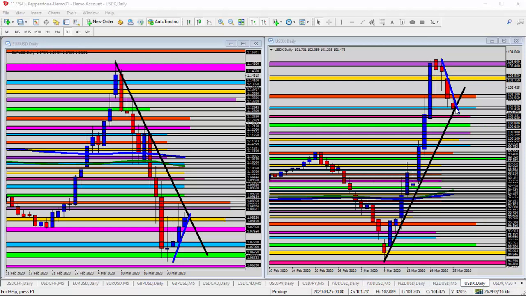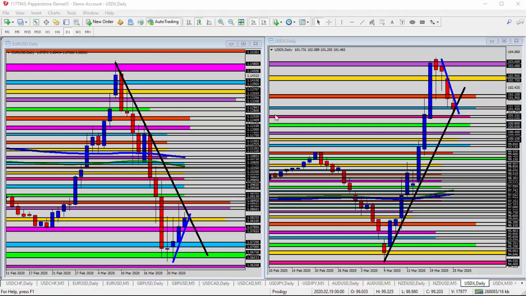It's coming right into this cross of those two trend lines. The question is, will the black uptrend line hold? Will the buyers come back in and drive it to a new high, or will the sellers break that black trend line, 101.45 or so, and continue to go lower?